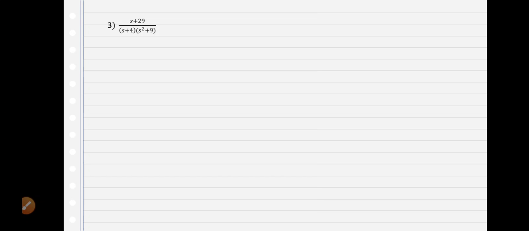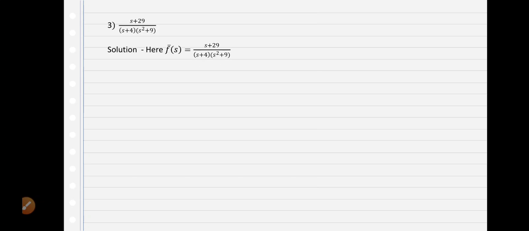So numerator's degree is less than that of denominator's degree, and hence we can apply method of partial fraction here. Now see here, s plus 4 is a linear factor, and s square plus 9 is a quadratic factor, and it cannot be factorized into real factors. So we have to apply third form of partial fraction here.